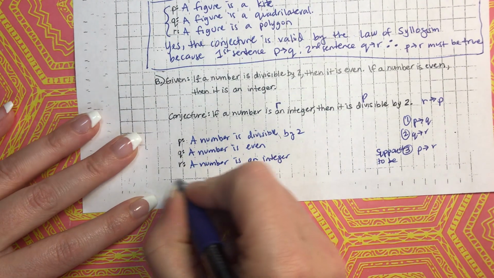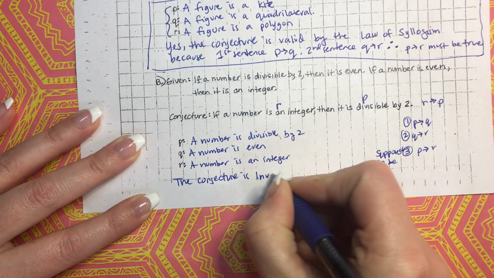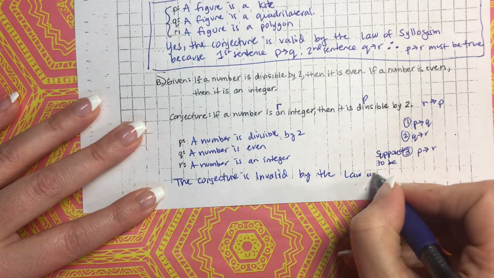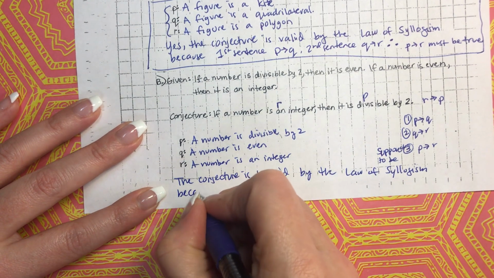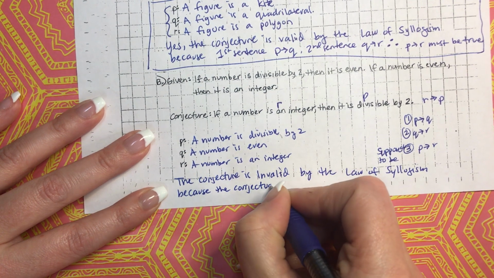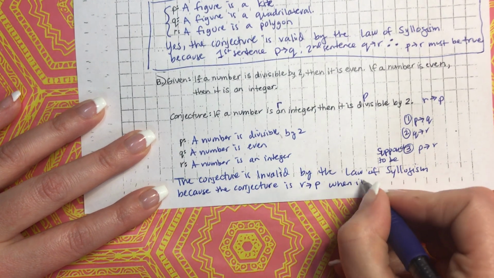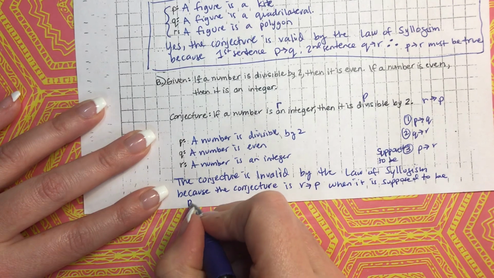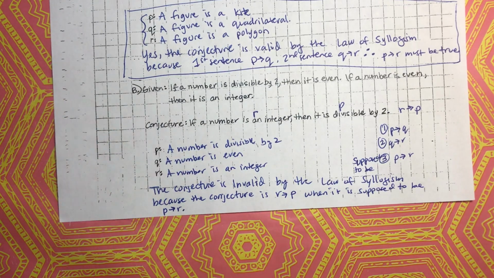The conjecture is invalid by the law of syllogism because the conjecture is R to P when it is supposed to be P to R. Okay? So that is the reason why it is invalid.